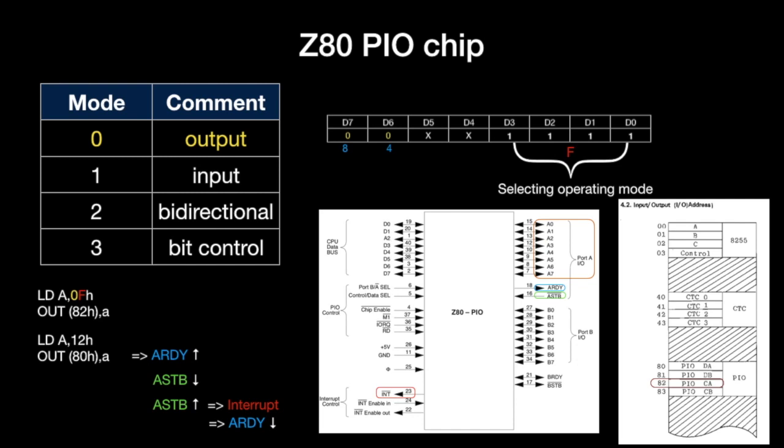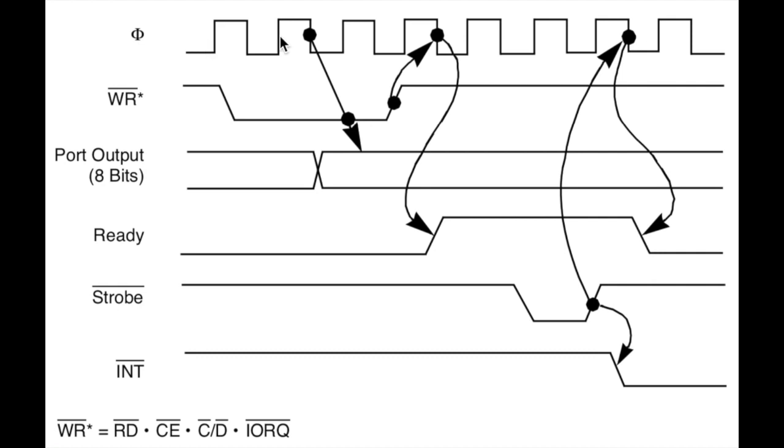Let me switch to the datasheet of the PIO to show the exact timing. This is a clock signal, so after the value has been written to the port, with the rising edge of the write and the next falling edge of the clock, the ready signal is put to high.